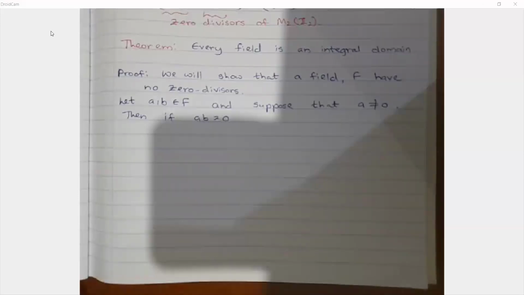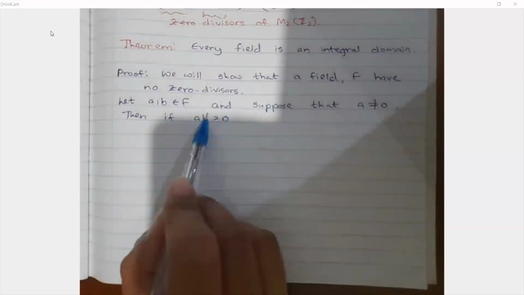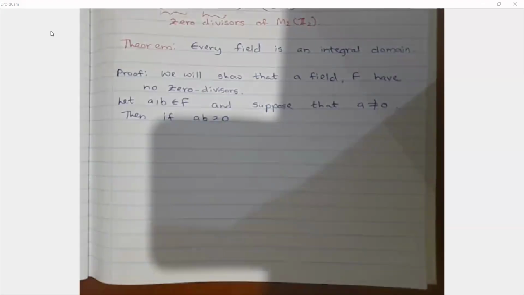What happens if B is also non-zero? Now we have 2 non-zero elements in this field where the product yields a 0 in F, so those two would be zero divisors. But if we show that B is zero, and A and B are arbitrarily chosen satisfying these conditions, we can simply conclude that it has no zero divisors.